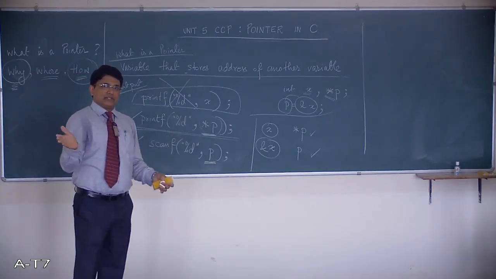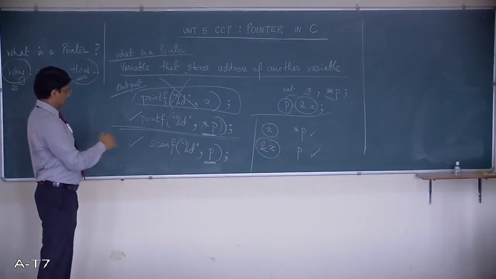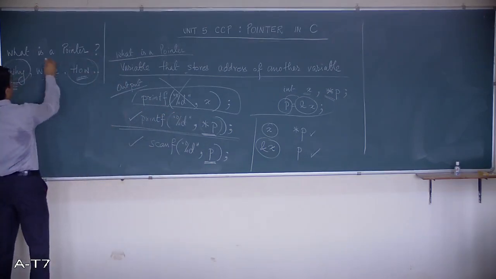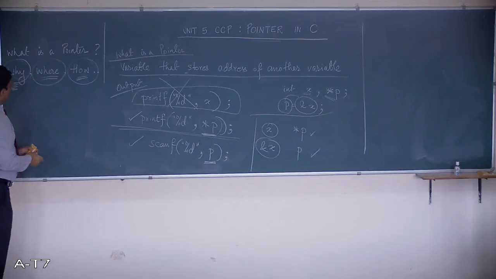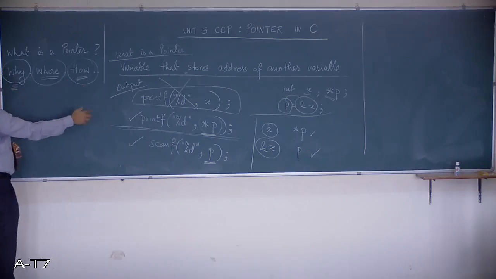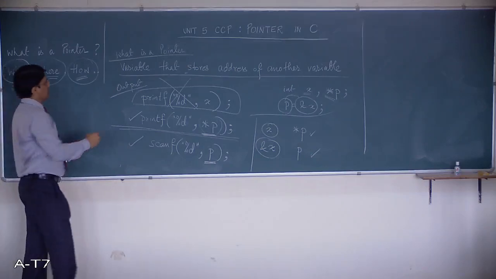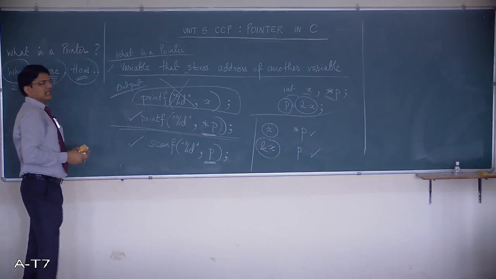So passing a huge data structure overhead is avoided. That is where we use a pointer. So basically we have addressed why do we use a pointer, how do we use a pointer, where exactly the pointer is going to be helpful for us.